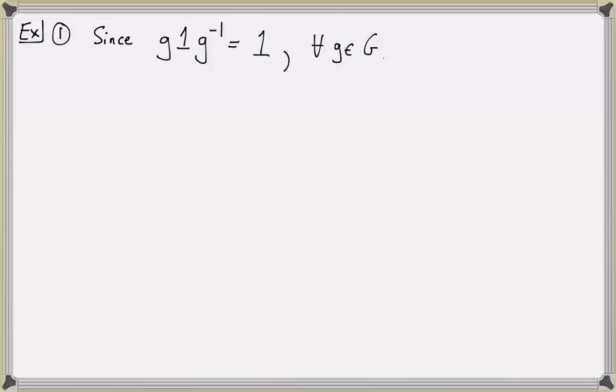So we see that the conjugacy class of the identity element is always just the set containing the identity element. This is true for every group.